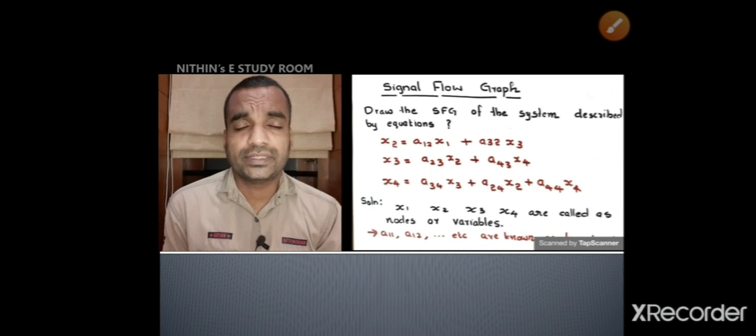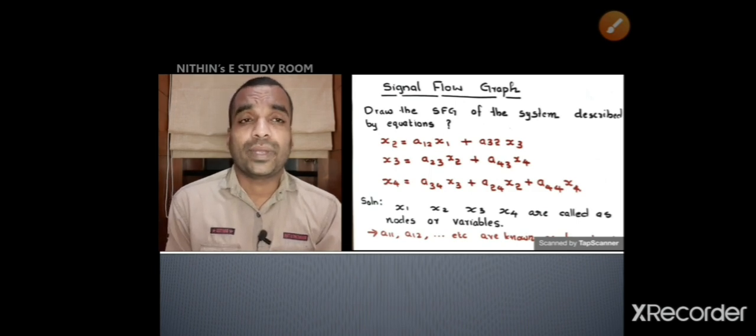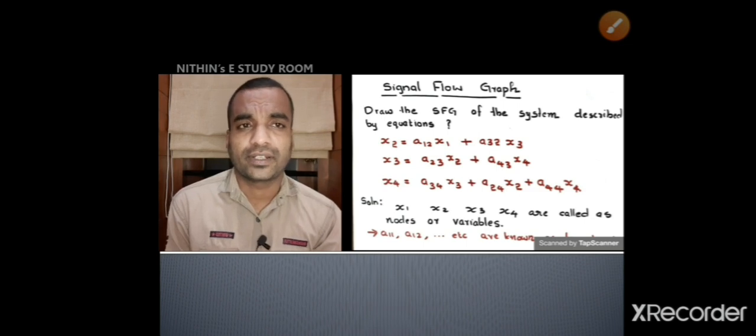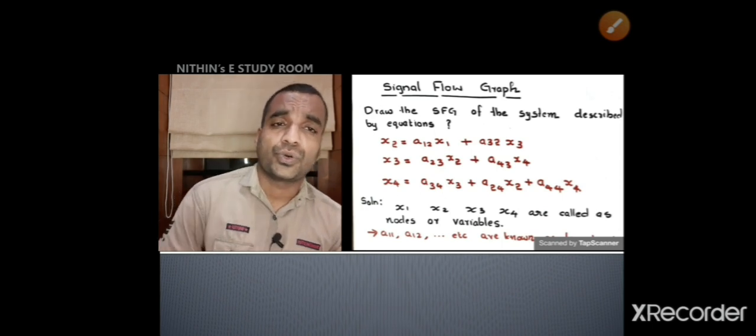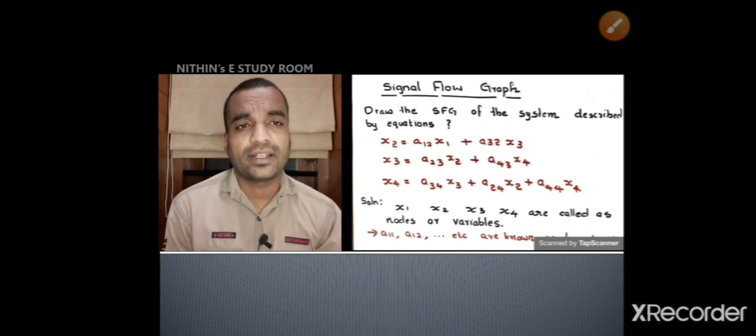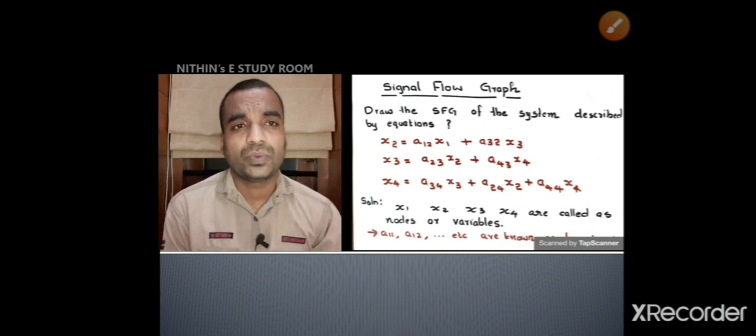So x2 is equal to a12 into x1 plus a32 into x3, and similarly 3 different equations are given. Below that you can see x1, x2, x3 are called nodes or variables, and a11, a12, etc.